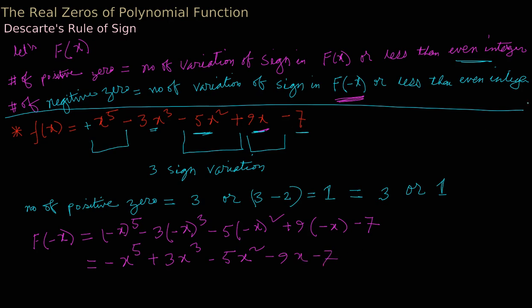Now let's see how many sign variations I have. The first term is negative and the next is positive, so that is one. Positive to negative is another sign variation. Negative to negative, no variation. Negative to negative, no variation.